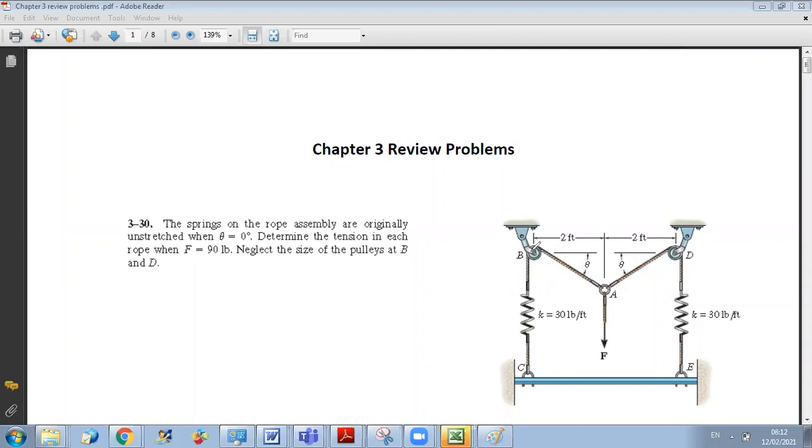Initially, when point A was here at its initial position, the springs were unstretched. So when A will move downward, this length will change, and this will cause a stretching of the spring. Okay, this is how you should think. So you think step by step in order to come up with enough number of equations to solve your unknowns.